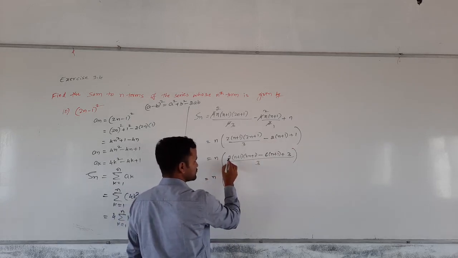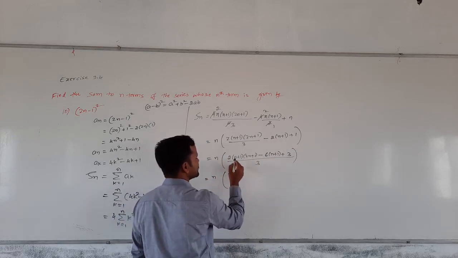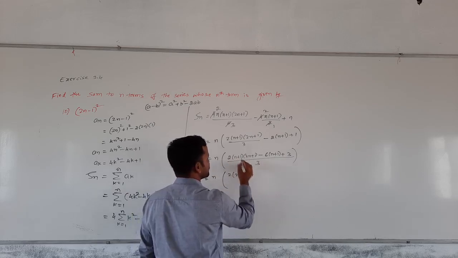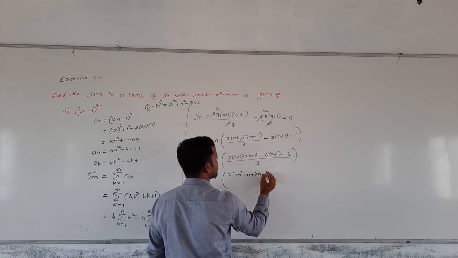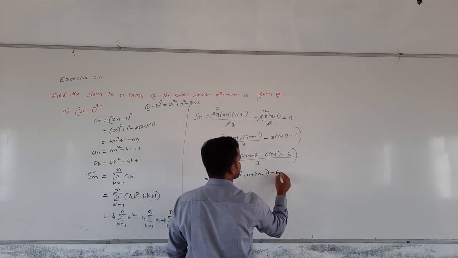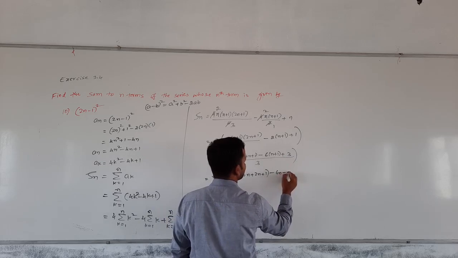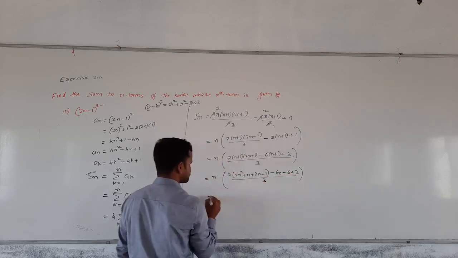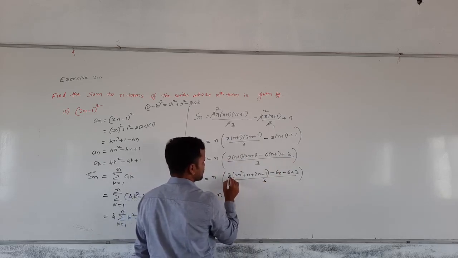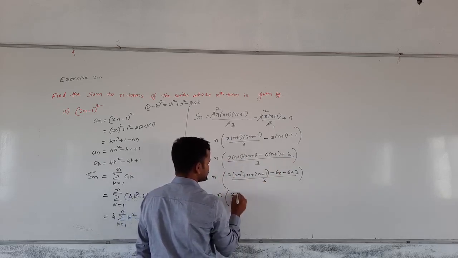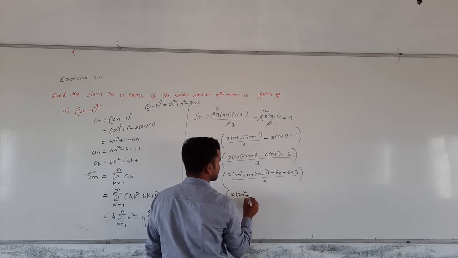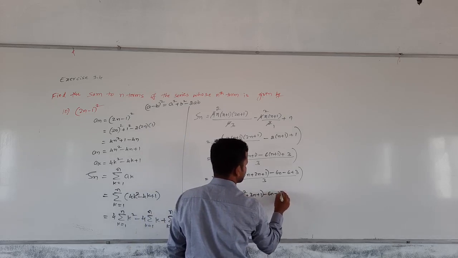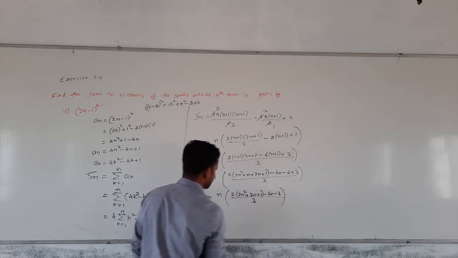N into, multiply this: 2 into (2n square plus 3n plus 1) minus 6n minus 6 plus 3, whole divided by 3. Let me write one more step here: 2 into (2n square plus 3n plus 1) minus 6n minus 3, whole divided by 3.